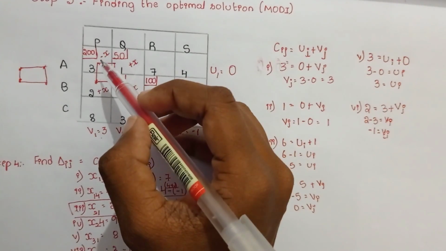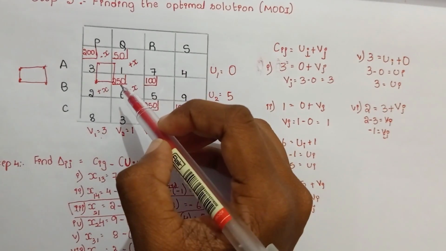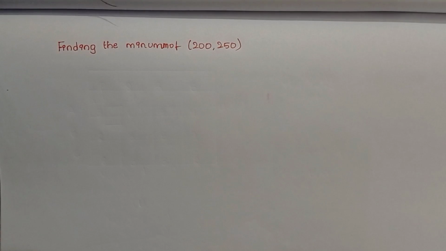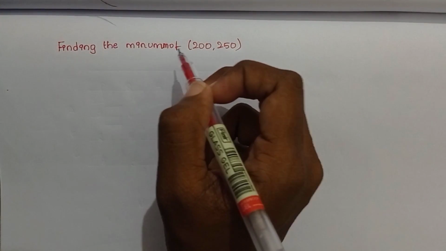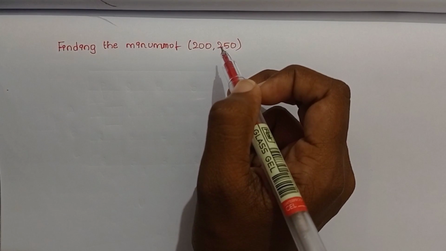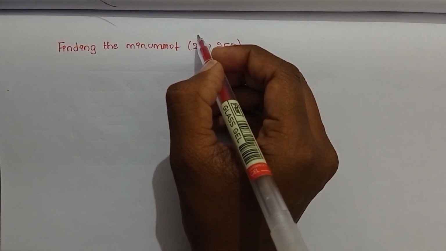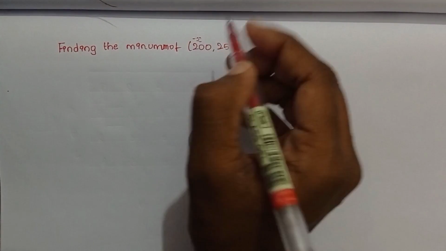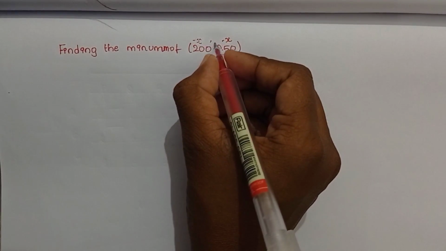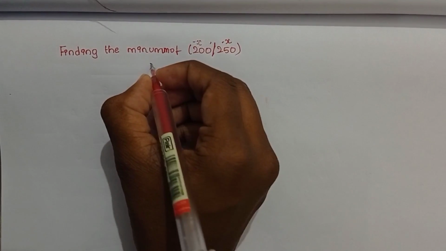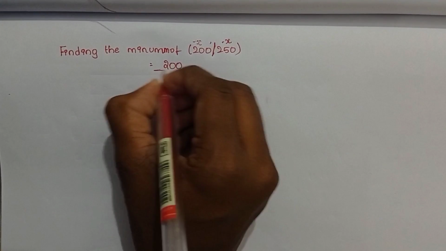The allotted values in these cells are 200 and 250. Now we have to find the minimum of 200 and 250. This is one minus x value, and this is another minus x value. Among these, the minimum is 200. So I will select this 200.